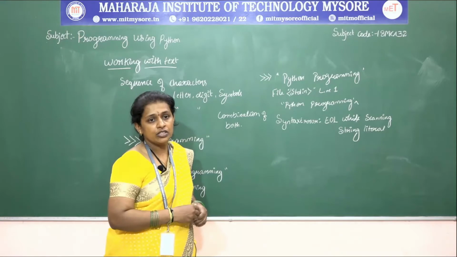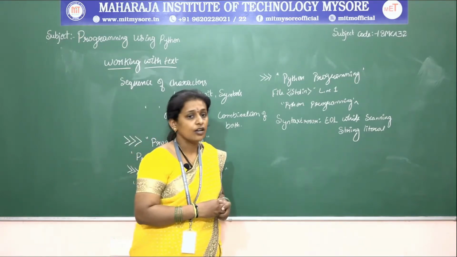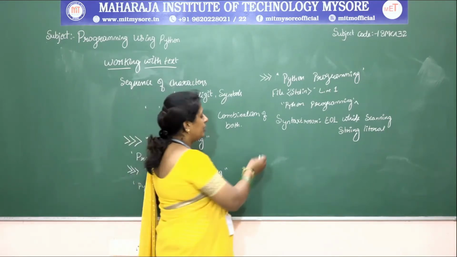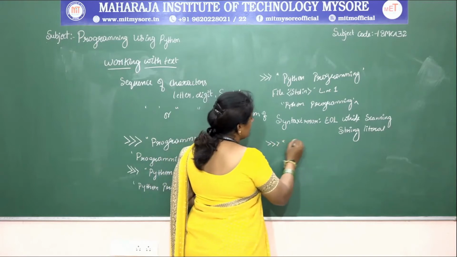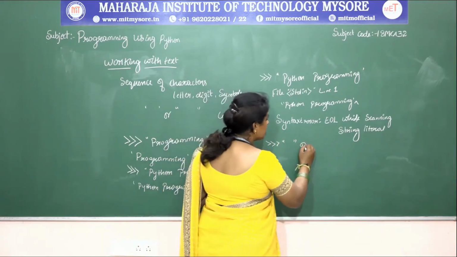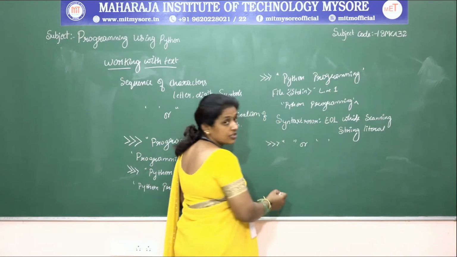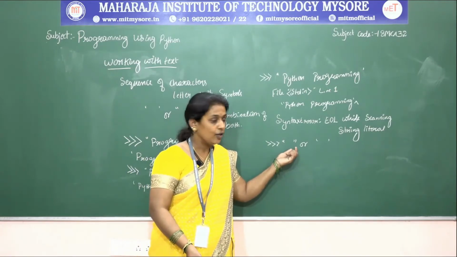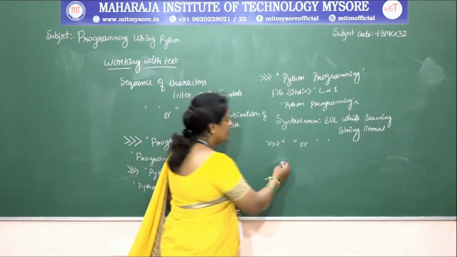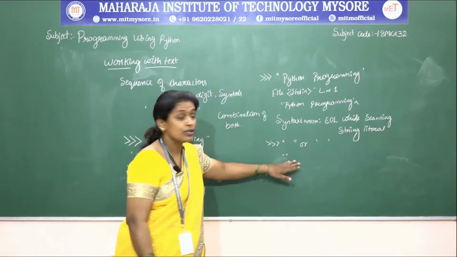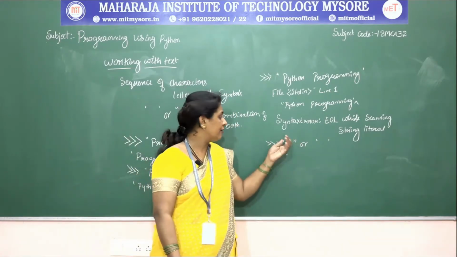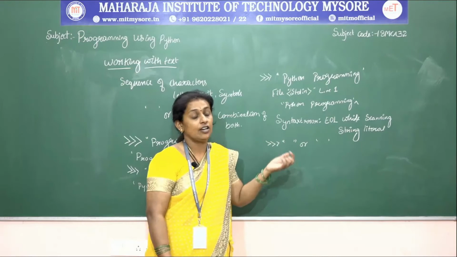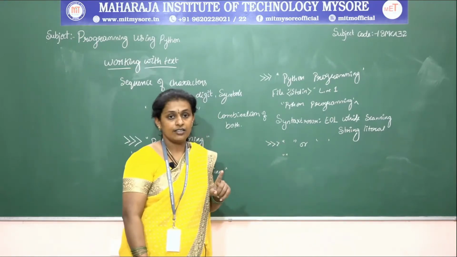Then I need to find out the length of strings. The shortest string is the empty string, which is defined using double quotes, or else I can use single quotes. For your understanding I have given a space here, but while typing there is no space; it is only for readability. If I type it with a space, you will get a length of 1.